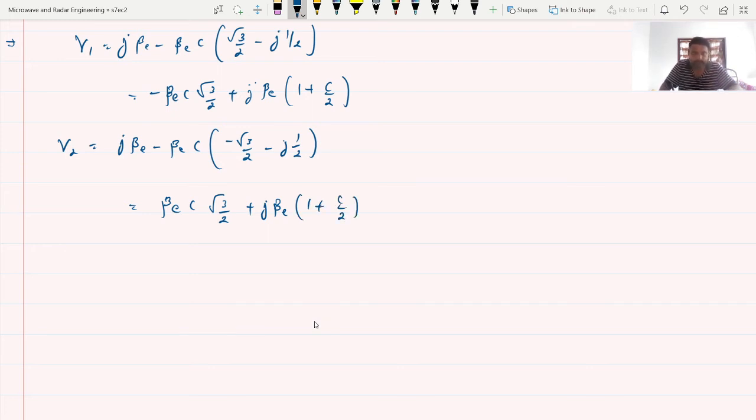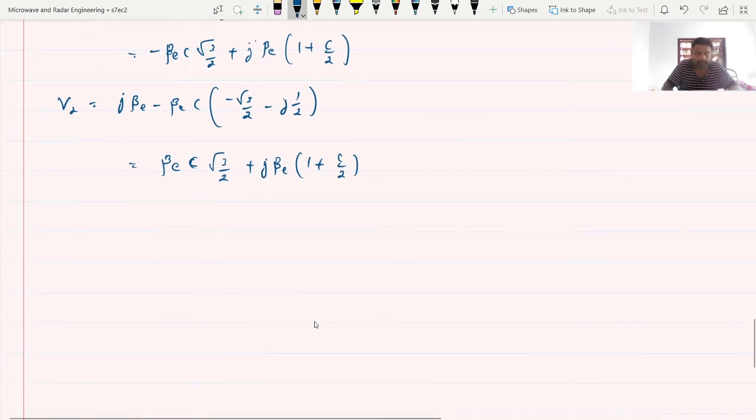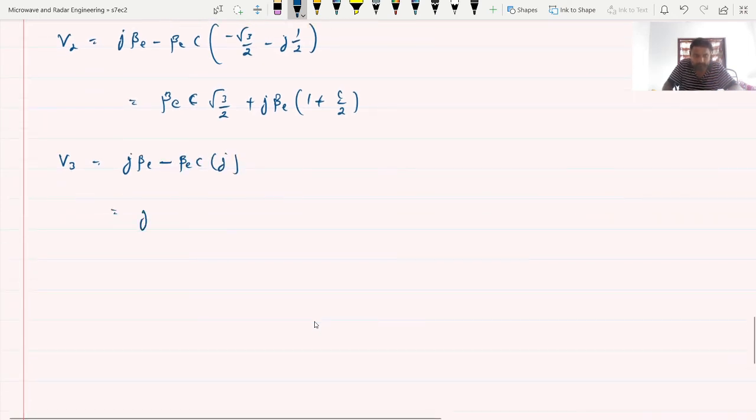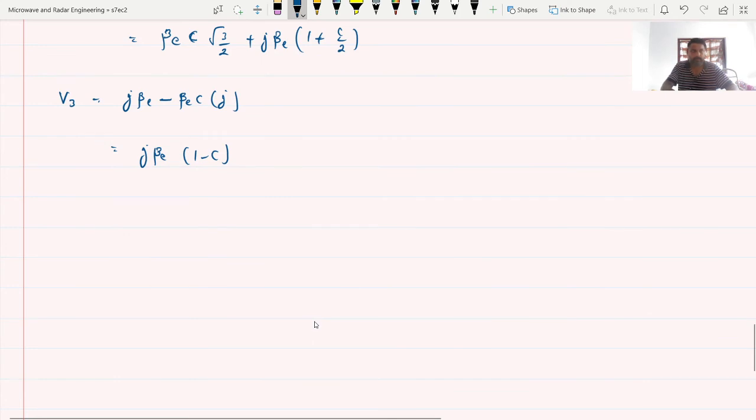Next, gamma 3 is nothing but j beta I minus beta I c into j, that changes to j beta I into 1 minus c.